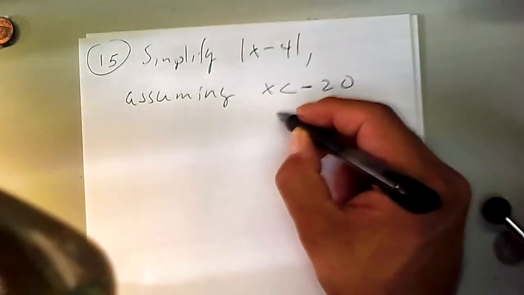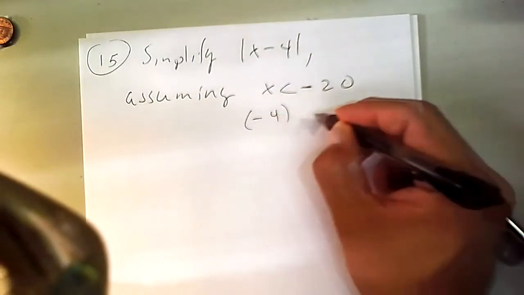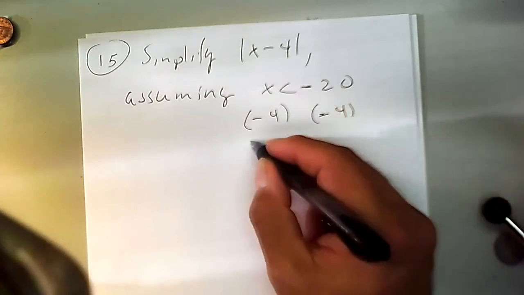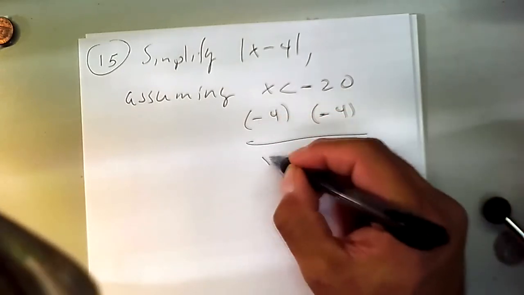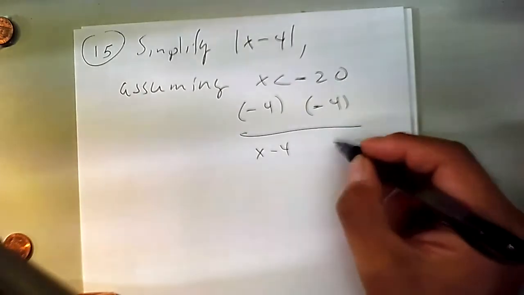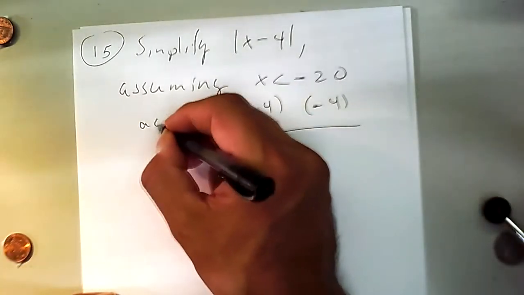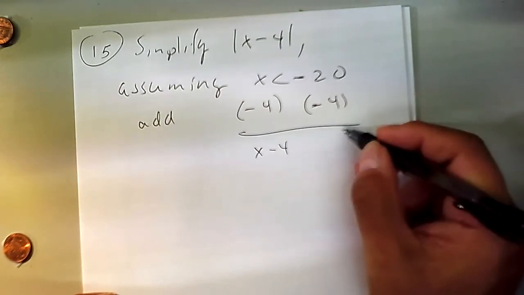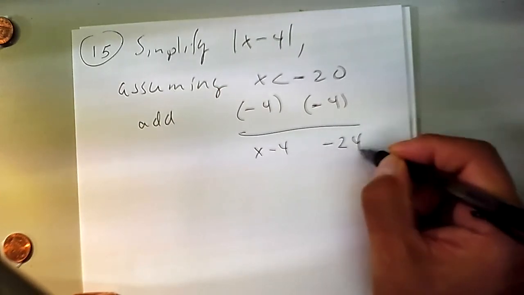Okay, so just as before, add -4 to both sides of the inequality. So we have X plus -4, also known as X minus 4. And -20 plus -4, that is -24.